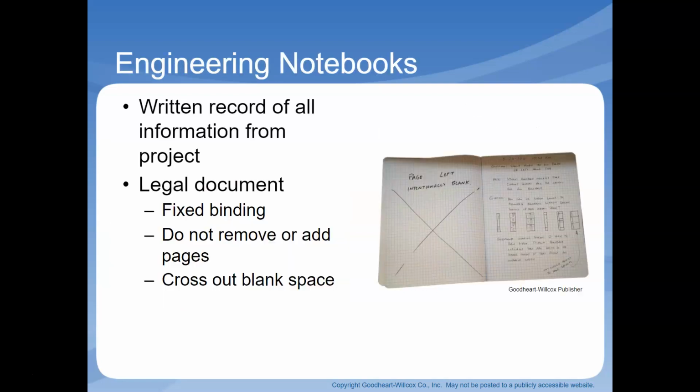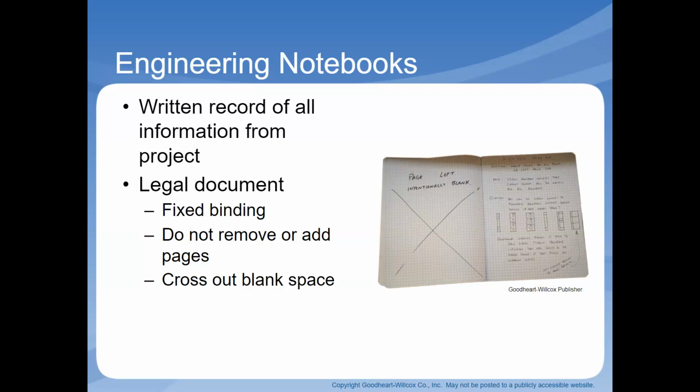Engineering notebooks. So we talked about making sure you're keeping up with everything that you're doing as you're going through this engineering design process and being able to work your way back. So the engineering notebook is a written record of all information from that project. And when you're an actual engineer with a company, it's a legal document.